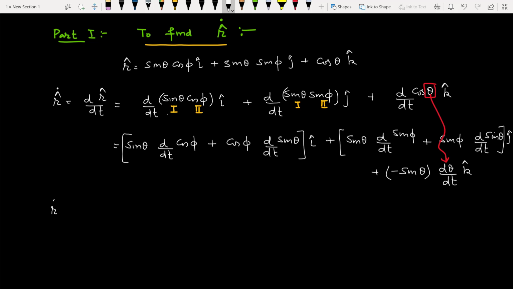So here r cap dot is equal to sin theta, derivative of cos phi is minus sin phi, derivative of phi, plus cos theta into derivative of angle.